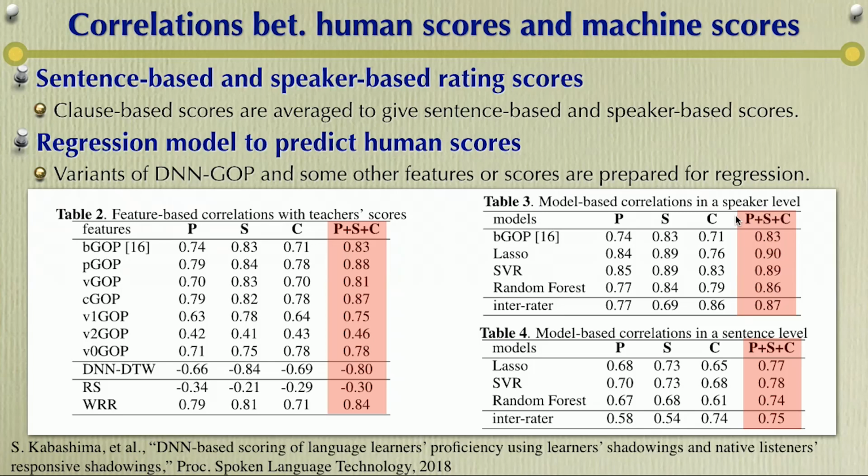When we assess learner utterances, assessments can be done on a word level, phrase level, sentence level, and speaker level. Speaker level is the easiest task. When we go into a somewhat more difficult task on sentence level, performance drops somewhat. But inter-rater correlation also becomes somewhat smaller, and between machine and humans they are rather comparable. We are very happy about this.